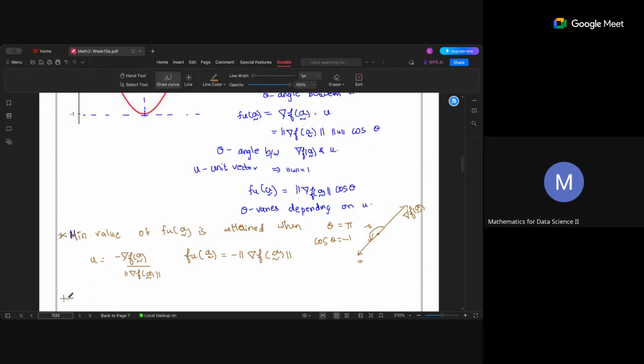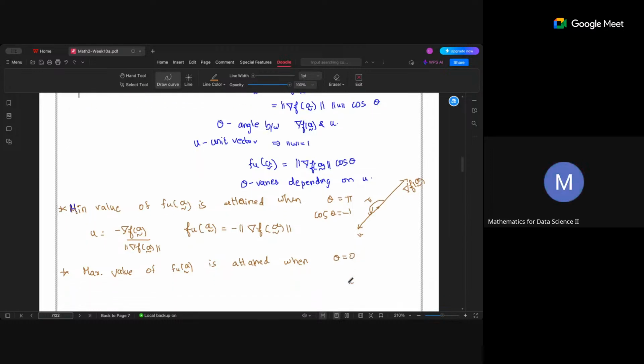Okay. Now the maximum value of f_u of a tilde. When is this attained? At theta equal to 0. What does that mean? Both are in the same direction.